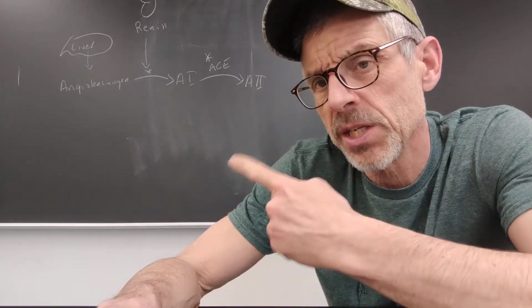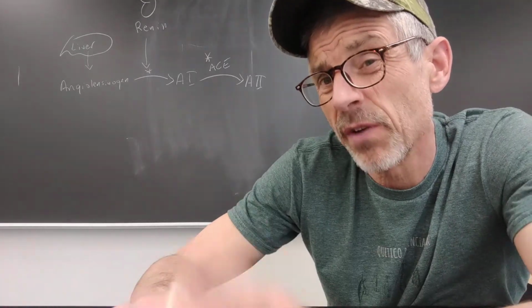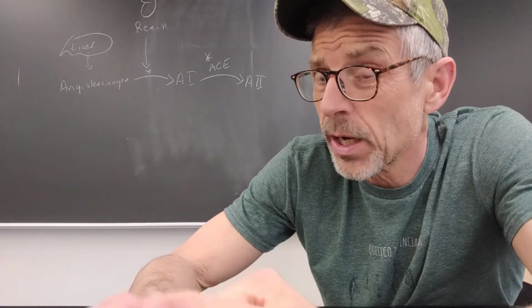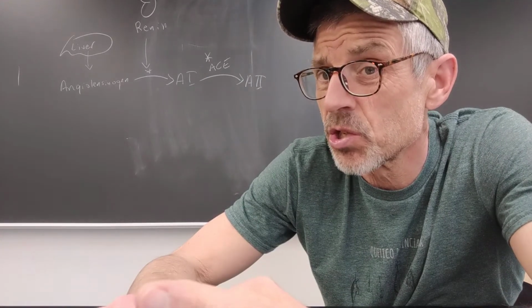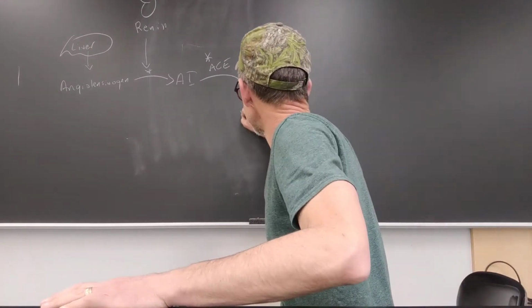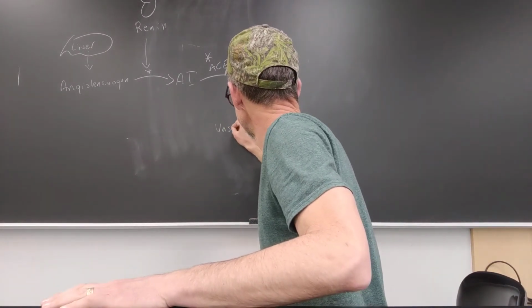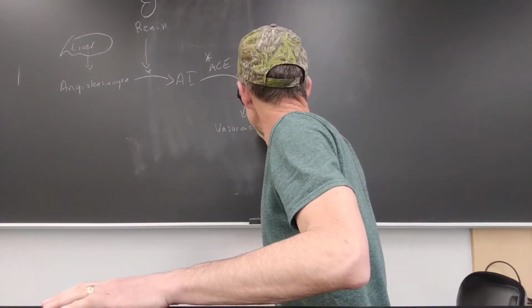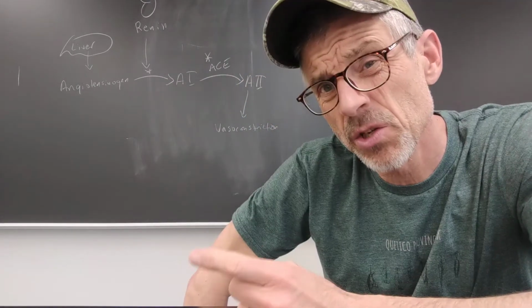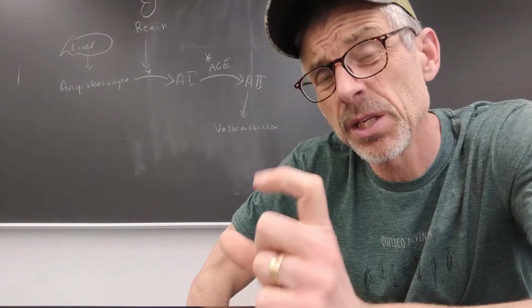But now we produce angiotensin 2. And angiotensin 2 is a very active hormone. It does a couple different things. One action of angiotensin 2 is to constrict arterioles, make them smaller. And angiotensin 2 is very potent, very powerful in its ability to constrict arterioles.